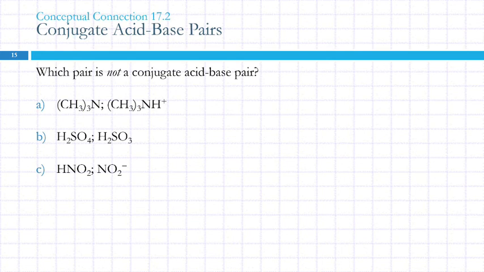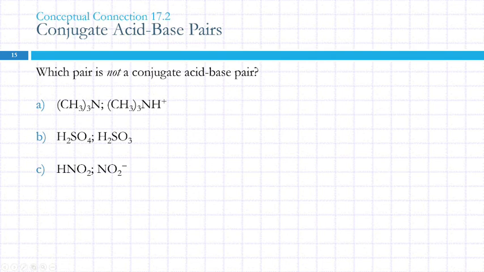How about H2SO4 and H2SO3? What's the difference? Numbers of oxygens, right? This is not a conjugate acid-base pair. Look at the hydrogens. This one has 2 hydrogens. That one also has 2 hydrogens. You can't make one into the other by moving the hydrogen.